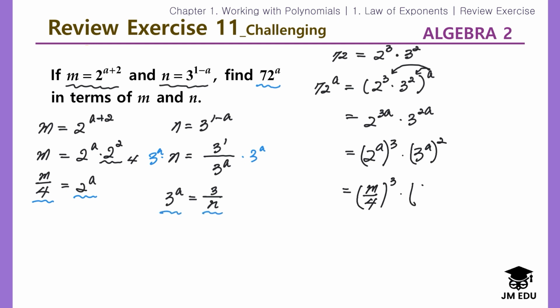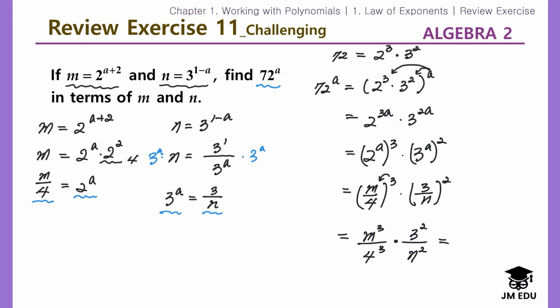So 3 over n to the power of 2. So we're almost done. Here, m cubed over 4 cubed times 3 squared over n squared, right?